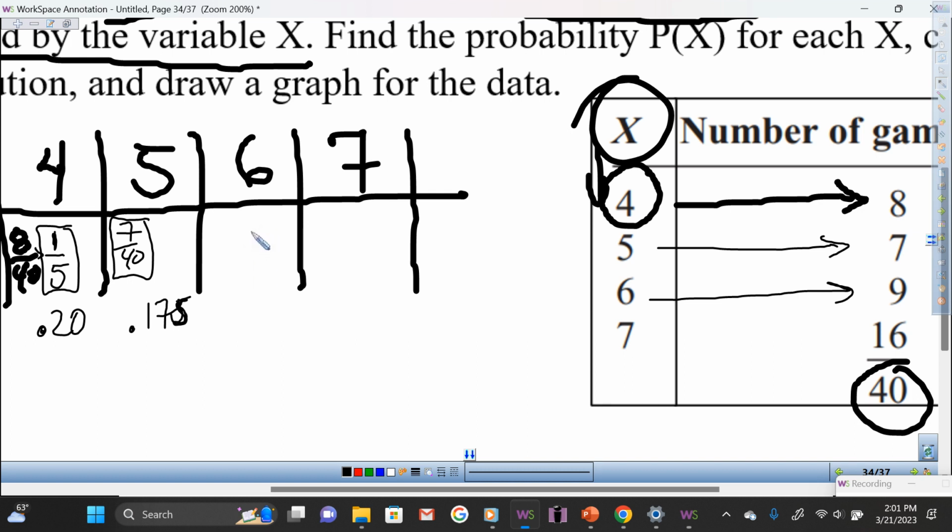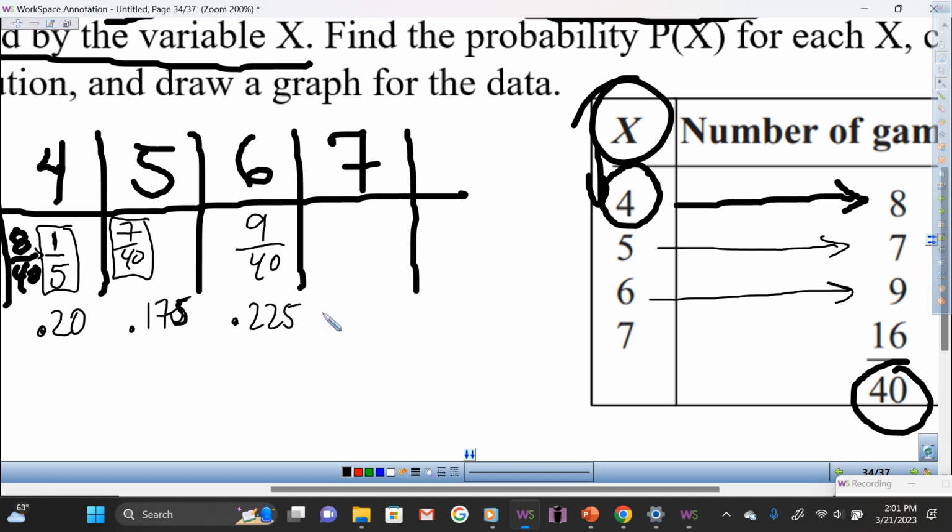Help her out, Presidenta. What do I write? Did you say 2, 3? How do we get that? 9/40. Hands, have you got that? So it would be .225. All right, so far so good.